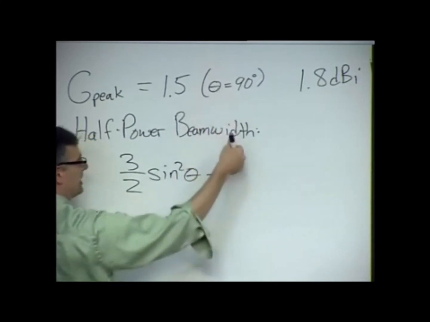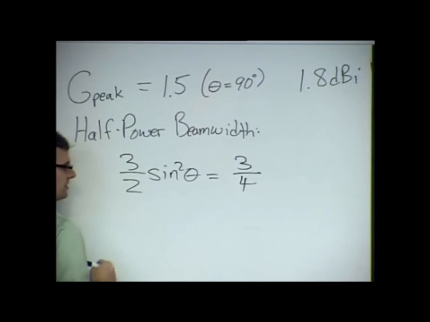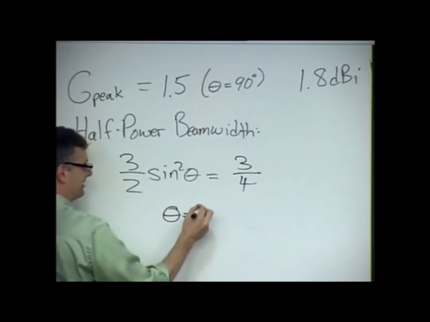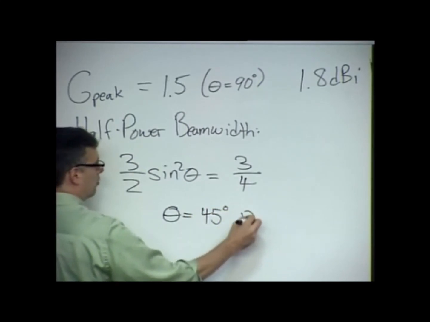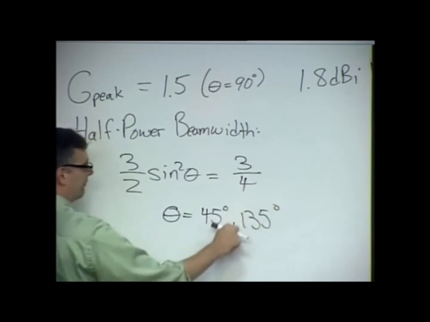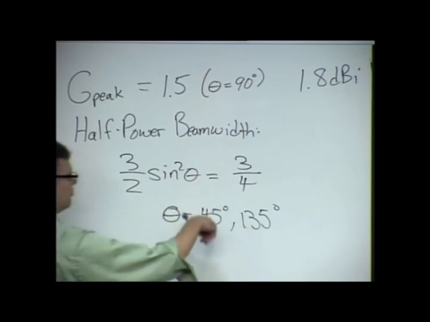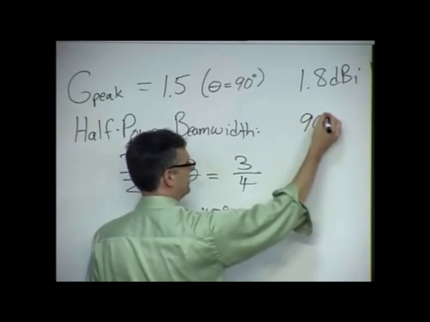Peak gain is 3/2. Half the peak gain is 3/4. And we find for this particular academic example, theta is either going to be 45 degrees or 135 degrees, pi over 4 or 3 pi over 4. So the half-power beam width for this antenna is the difference between the two, or 90 degrees.